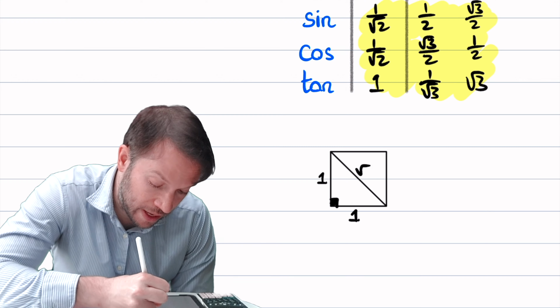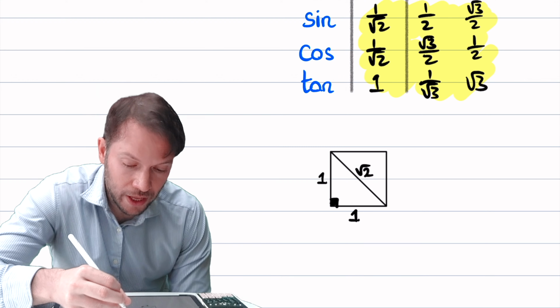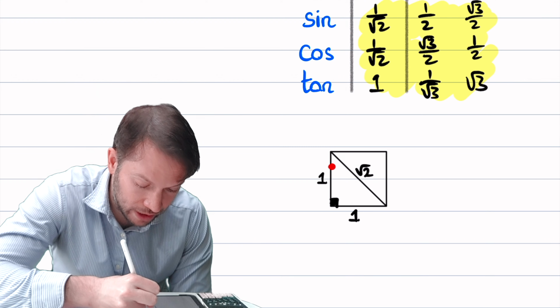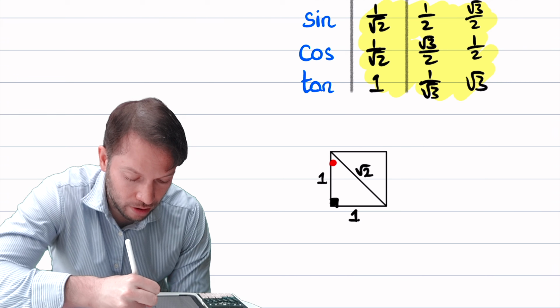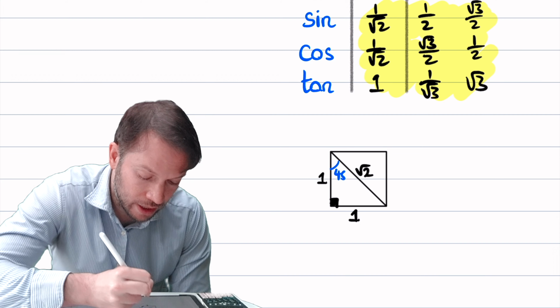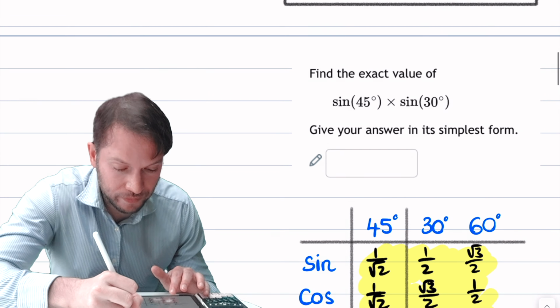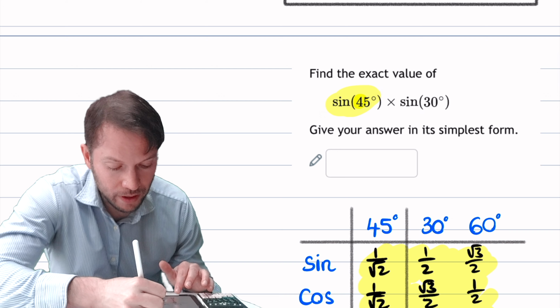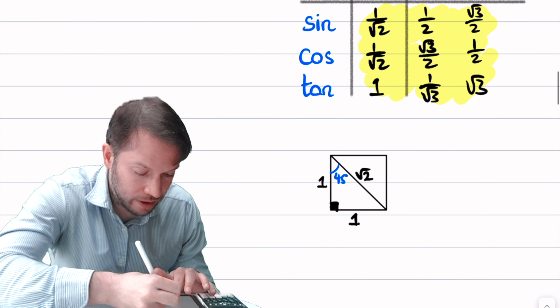So I know I'm doing this a bit quick, but we did do this in the previous video. And remember, because this whole angle here is 90 degrees, if you cut that in half, that's going to be 45 degrees. So that angle will be 45. So if we wanted to find sine of 45 here, let's use SOHCAHTOA.